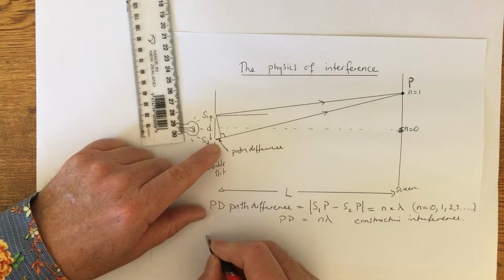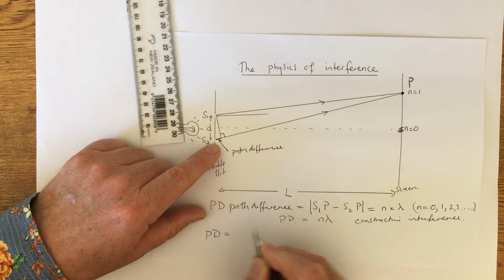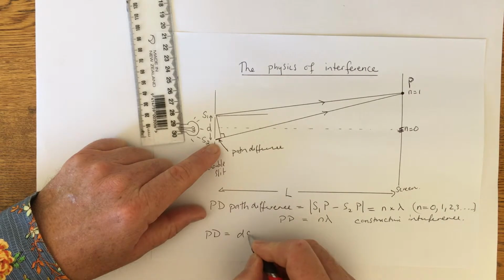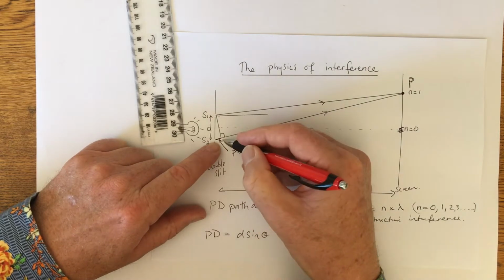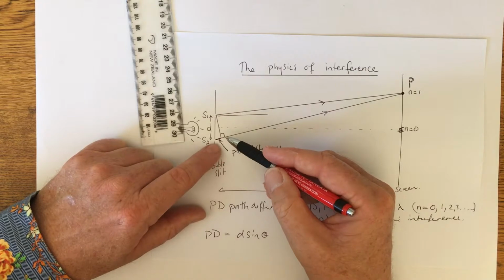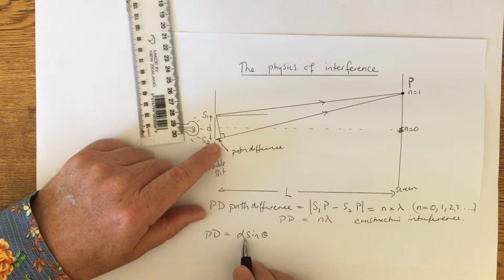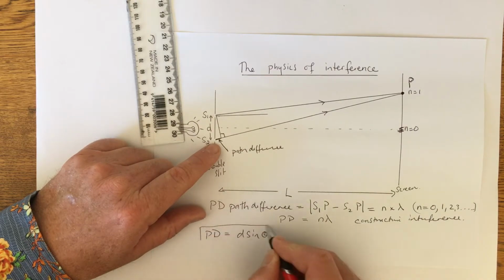And I know that path difference is equal to d sine theta. Just simple trig: sine of theta is equal to PD divided by d, or PD equals d sine theta. So that's important to know.